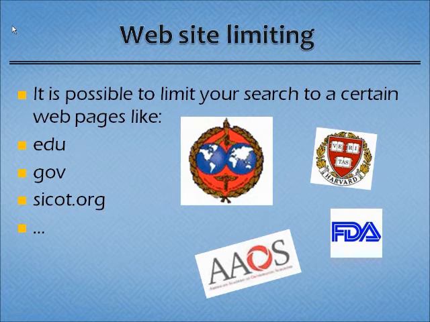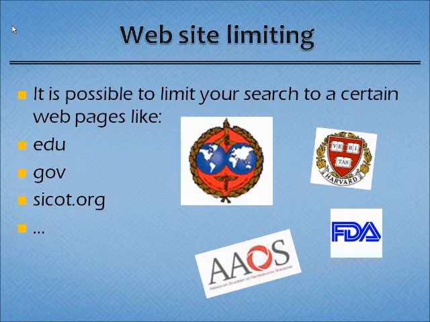Another thing that we should consider is website limiting. This may be sometimes very important because, as I mentioned to you, the quality of the information is very doubtful sometimes on the internet, especially if you reach millions of web pages. You cannot really filter them, and you cannot be sure about the quality of the results. But if you are sure that some sites are high quality, then you can limit to these sites, like here, .edu.